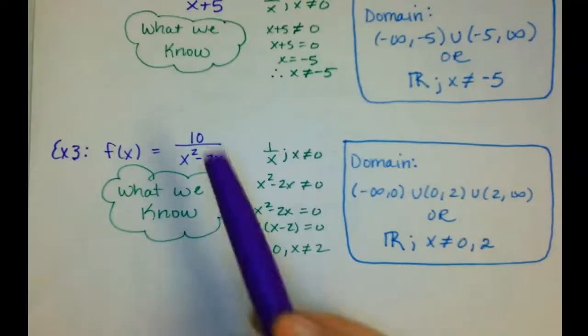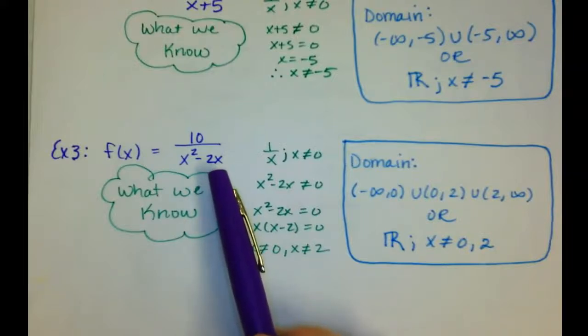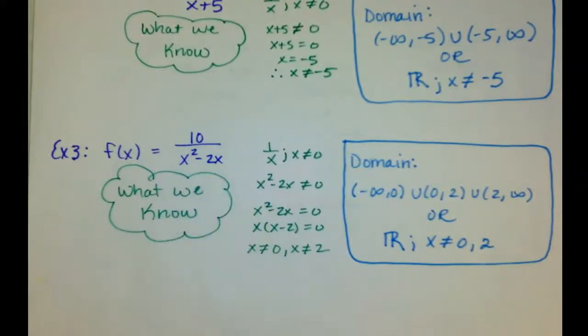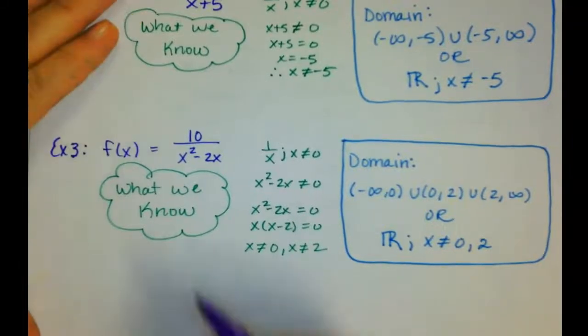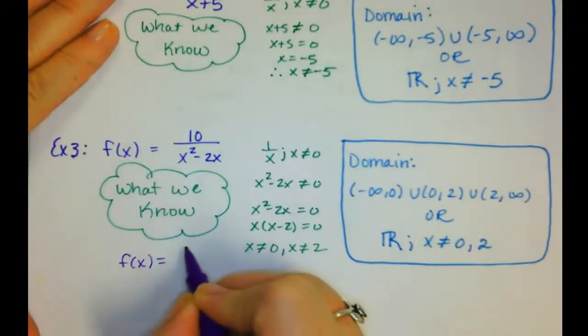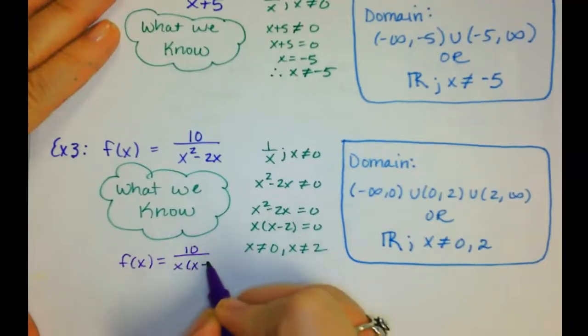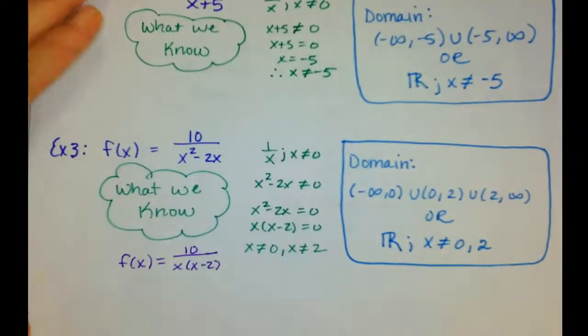All right, so example 3, f of x equals 10 over x squared minus 2x. The first thing I would make a note of is that this is not in factored form, so I would probably start out by factoring it, so it makes it a little easier to work with.